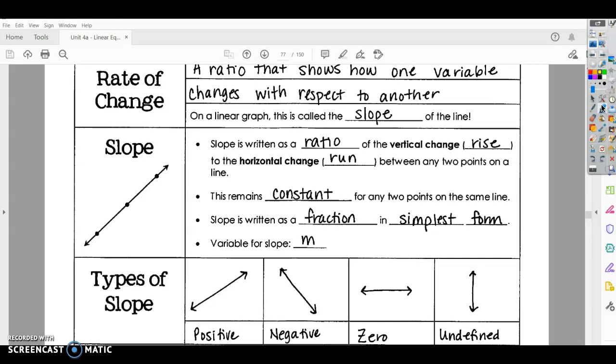All right, so positive slope goes uphill from left to right. That means a negative slope goes downhill from left to right. A zero means it's flat or it's a horizontal line, and an undefined slope is a vertical line or up and down.